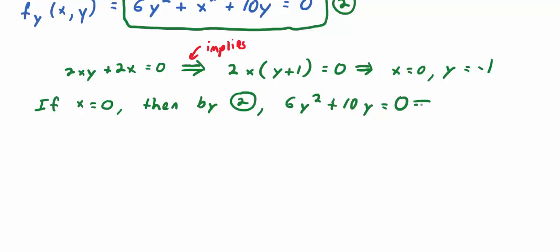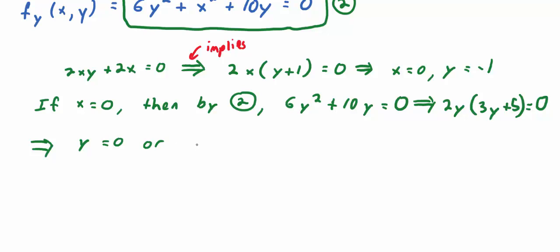That equation implies that, if you factor out 2y times the quantity 3y plus 5 equals 0, then either y equals 0 or y is equal to -5/3.